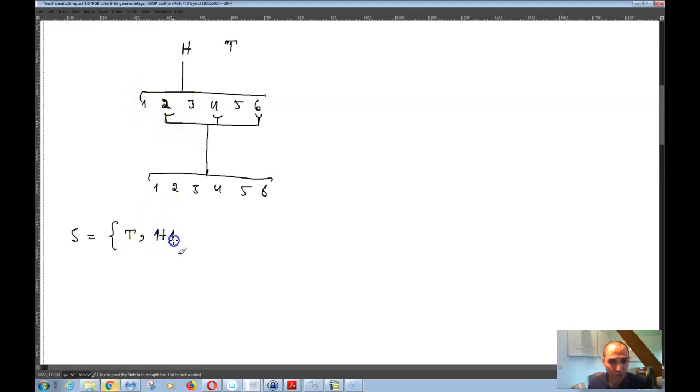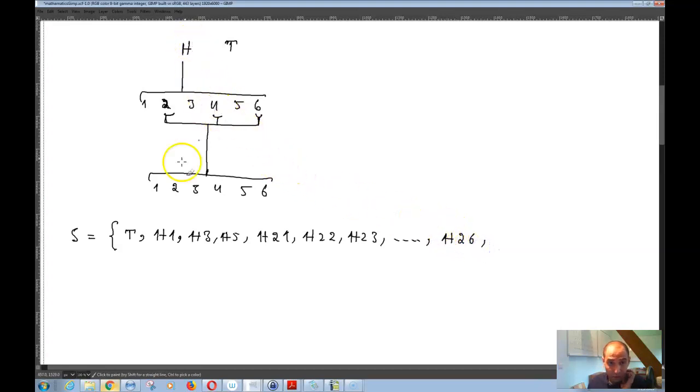Then you have these three numbers as well, after which these numbers will occur as well. So you have, for example, H21, H22, H23, and so on and so forth, all the way up to H26.